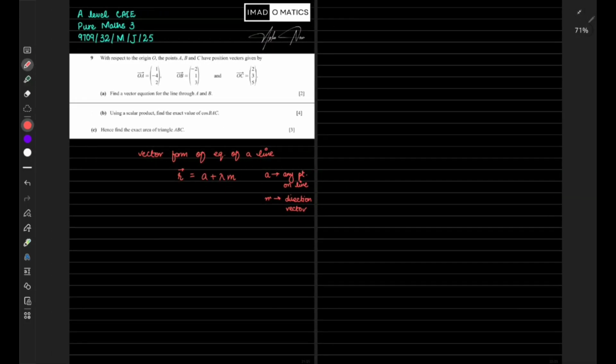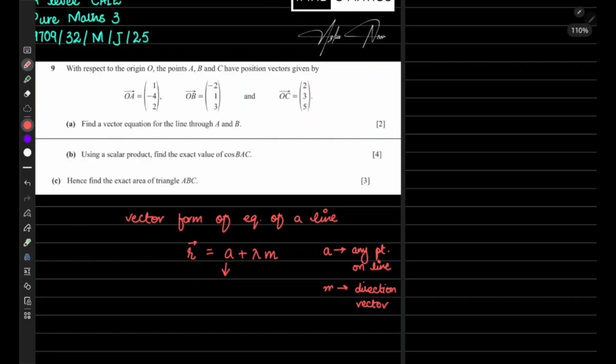Okay, so now for the point, we can take any point on the line AB. For example, if this is your line AB, this is the point A that lies on the line, and this is the point B that lies on the line.